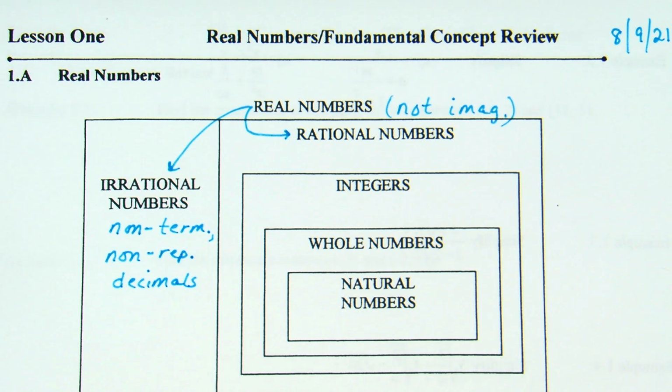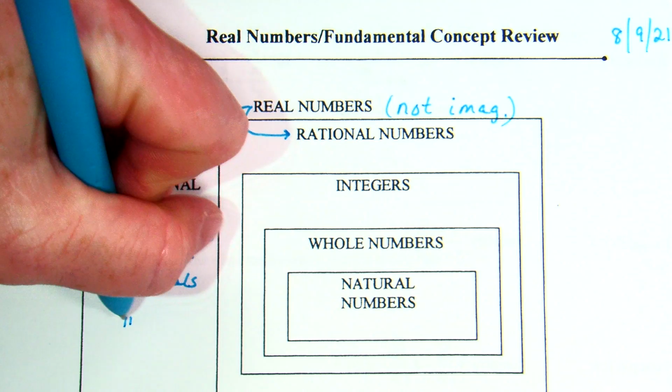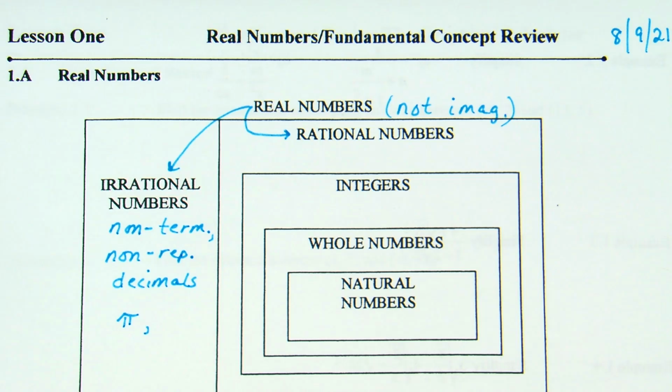What are examples of irrational numbers? Pi. We don't call it epsilon, we just call it e. We call it the natural number. It's e. And then the other thing that often falls into the irrational number category, certain square roots, such as square root of 3.